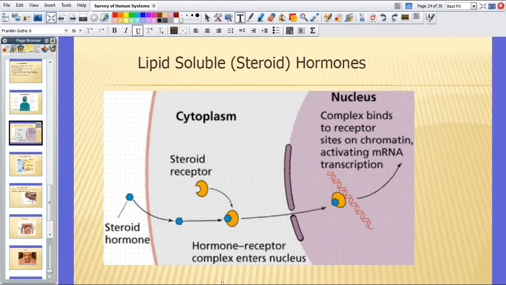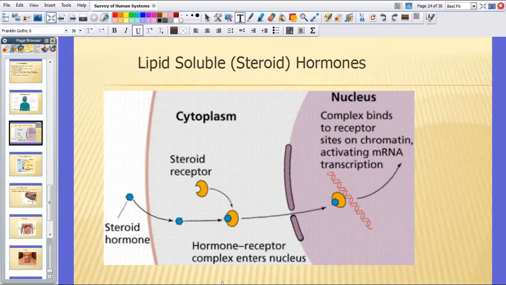Now I want to talk about how hormones work. There are two types of hormones: lipid-soluble or steroid-type hormones, and hormones that are non-lipid-soluble or proteins and amines. If the hormone is a steroid, it can diffuse across the membrane of the target cell. Once inside, it binds to a receptor protein on the DNA.